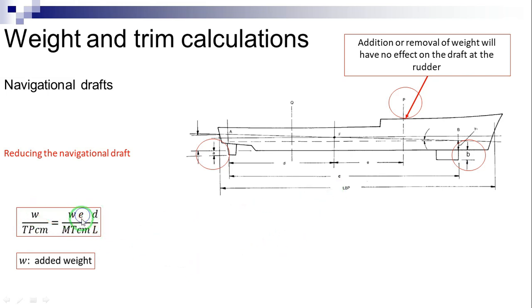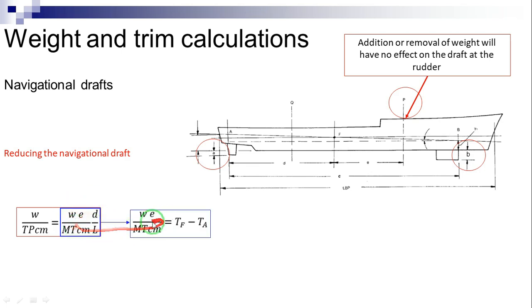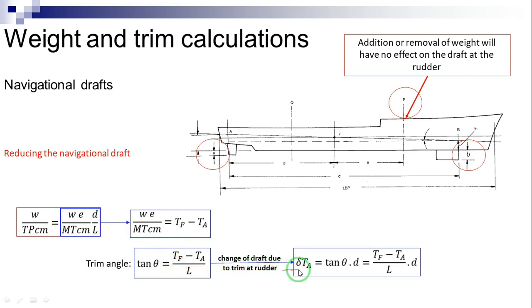This equation applies not only to the rudder but to any point on the ship if D is the distance from the point at which no change of draft is desired to the center of flotation. Note that this equation here is equal to this equation, and as we know, the trim angle is obtained using this equation. Thus, to obtain the change of draft due to trim at the rudder, we can write this equation.